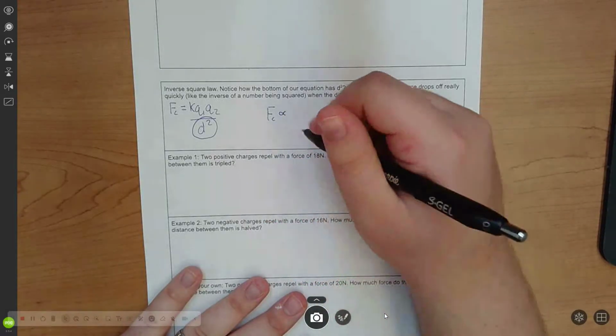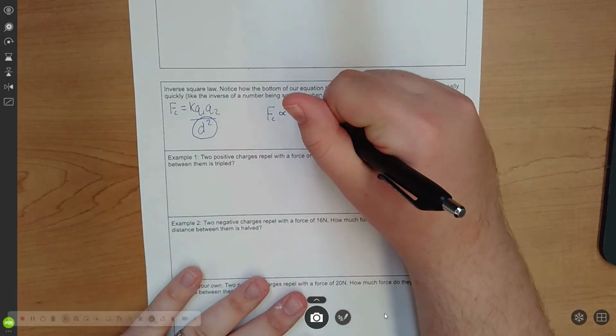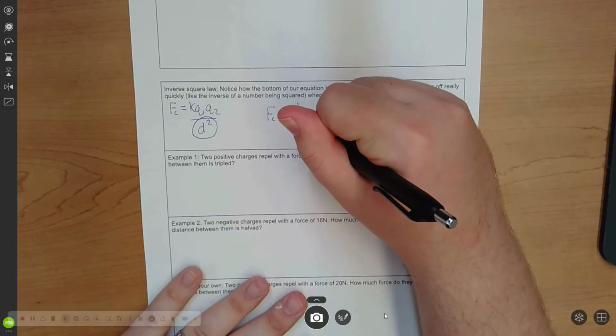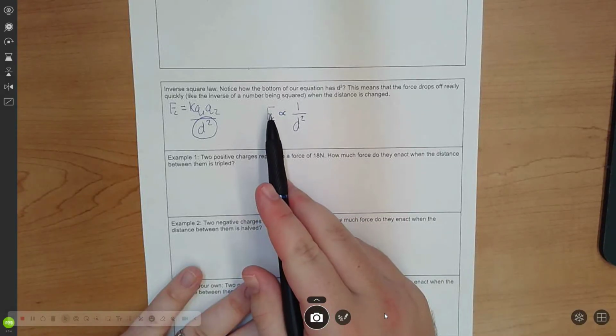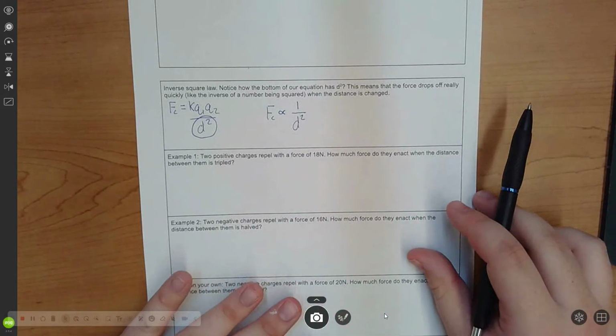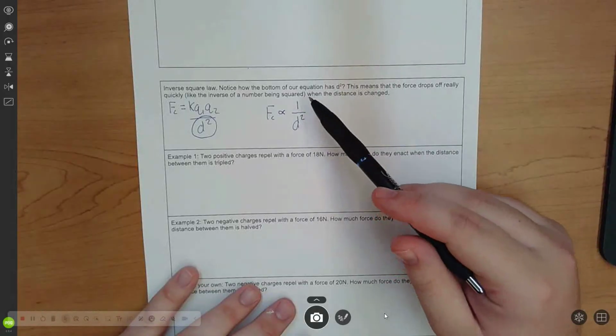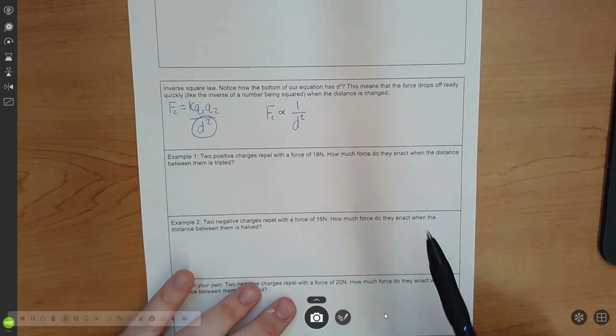So the force is proportional to. We're going to take that K Q Q that was up top, and we're going to simplify it into just a 1, because all we care about is that distance squared. So the force is proportional to 1 divided by the distance squared. And we're going to see why this particular form of the equation is helpful in just a second here.